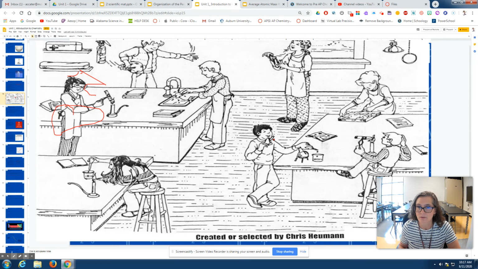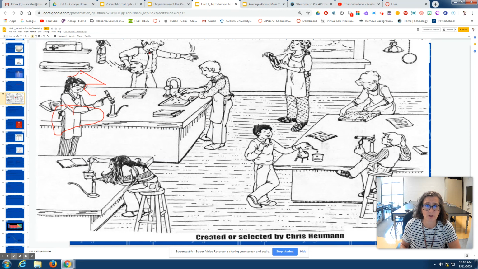And then this guy over here is eating a sandwich. That is unacceptable. This guy over here is heating his test tube, but it's pointing right here at the guy eating the sandwich. So that's not a good situation. This girl looks like she's wafting like she's supposed to, but again, we have no goggles on. The same over here, no goggles, no goggles.